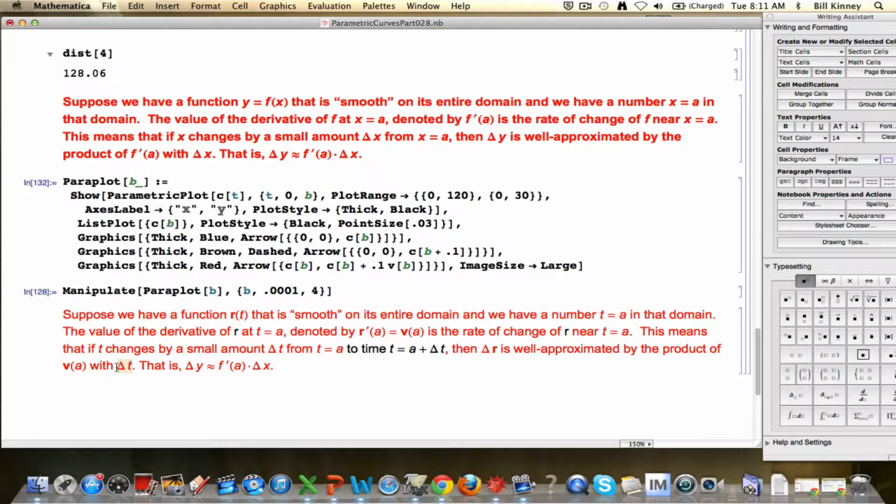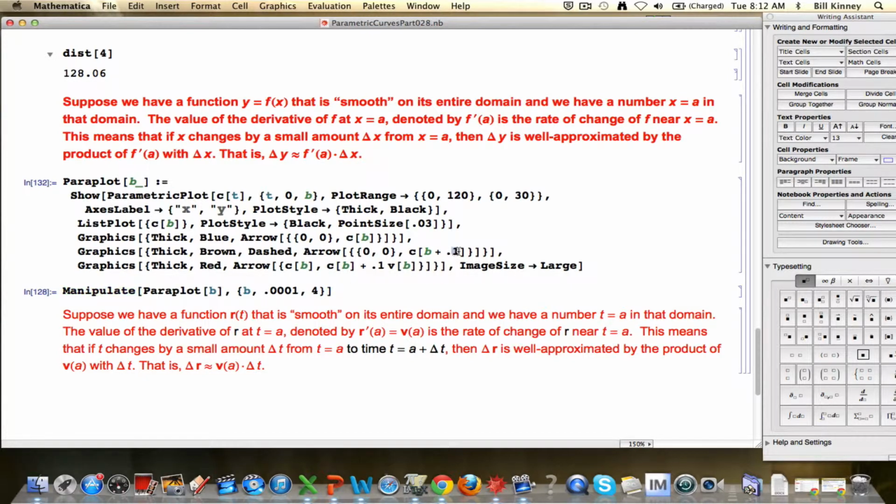And that would be a product of a scalar, a number, delta t, times a vector, v of a. That is, in an approximate equation, delta r is approximately v of a times delta t. And this statement is an analytic expression of the approximation we were observing.